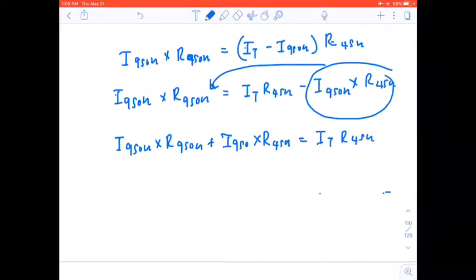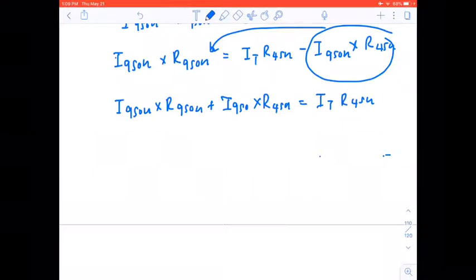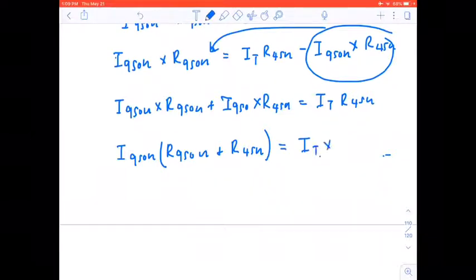So we can then take out I 950 ohms, and we're left with R 950 ohms plus R 45 ohms, which is equal to I total times R 45 ohms.